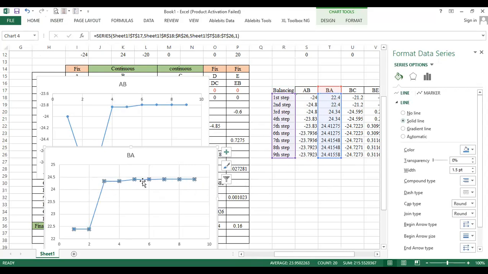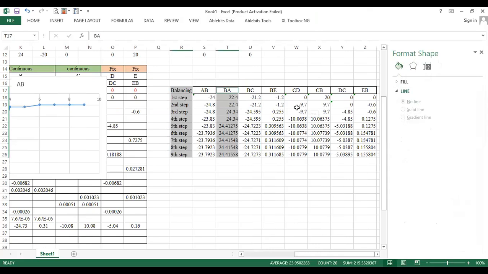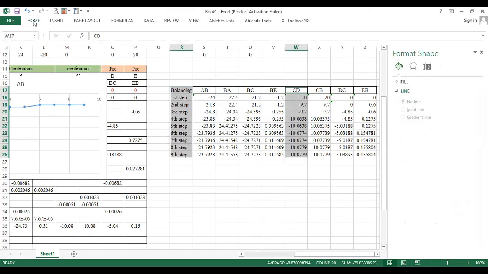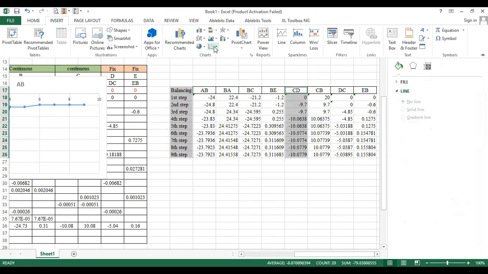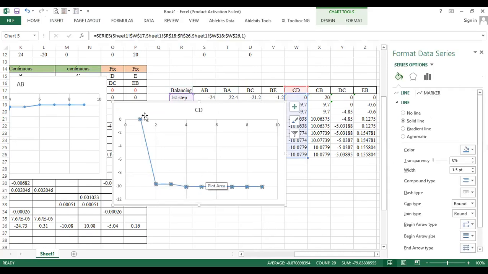So from 6th, almost 5th step, right? Let's say fixed end, this one, CD. You can see it started from 0, so it's converging to 10.79, right?